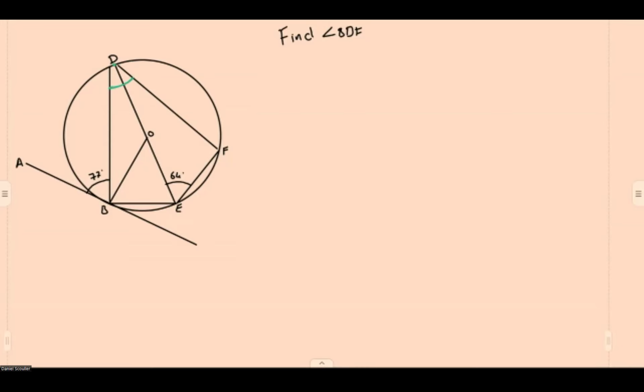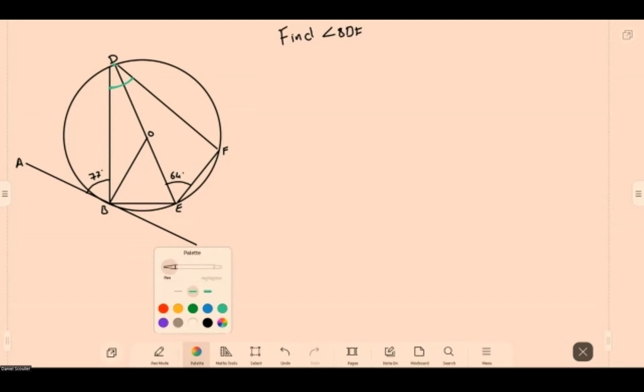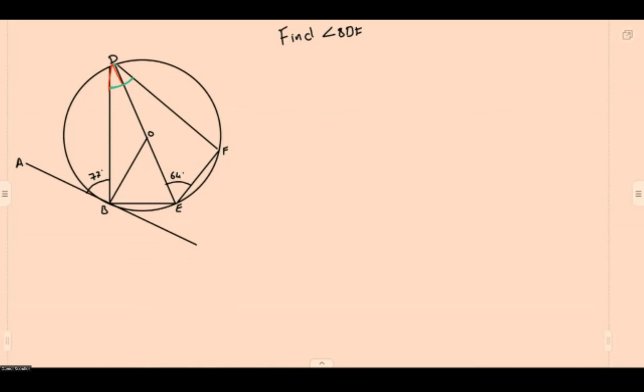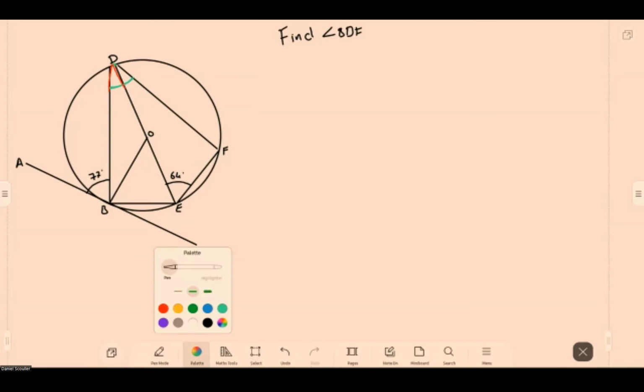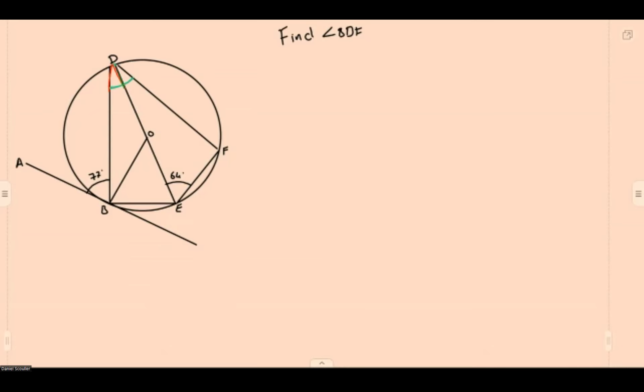Now, angle BDF is made up of two other angles. Angle BDF is made up of angle BDE plus angle EDF. I'm going to write that.